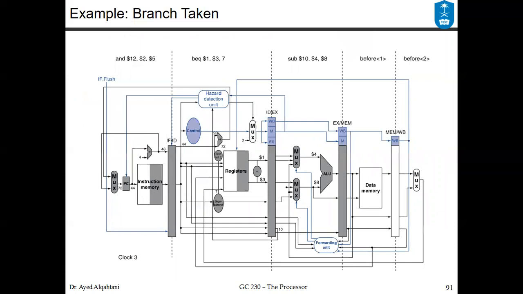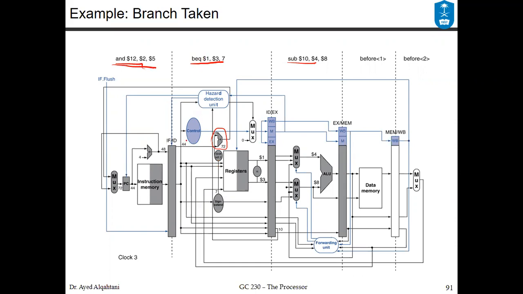What we will do in the hardware is include this adder, or actually we moved it back from the memory stage all the way back to the ID stage. And notice the branch is here, followed by the AND, and the subtract instruction was the first instruction, followed by the branch, followed by the AND.